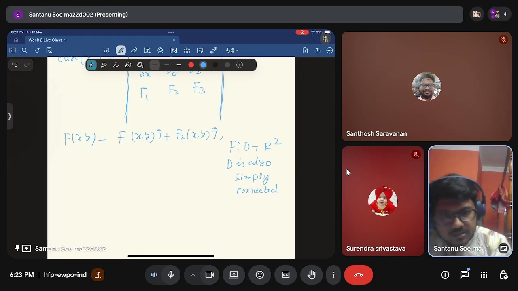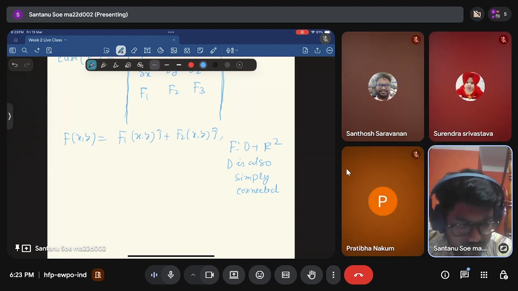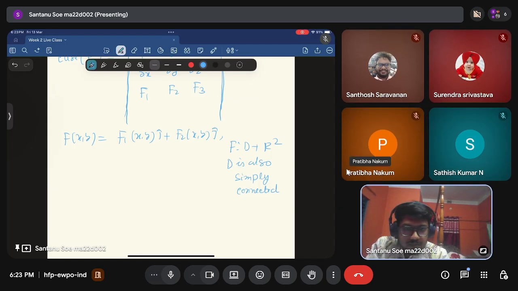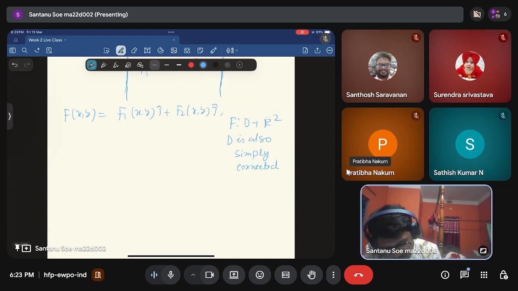Simply connected means if you take any Jordan curve inside the domain, then all the region inside this curve should be a subset of that same domain. Otherwise, it is not. I'll give an example of a domain which is not simply connected, so don't worry about it. Now, if f is a function of two variables like this, then we can say that f equals gradient of phi.